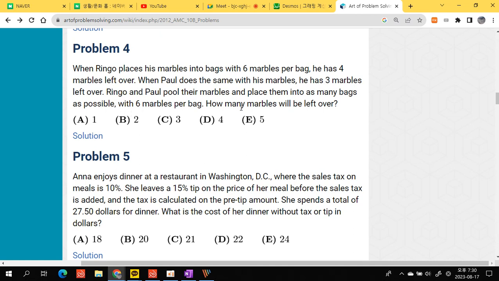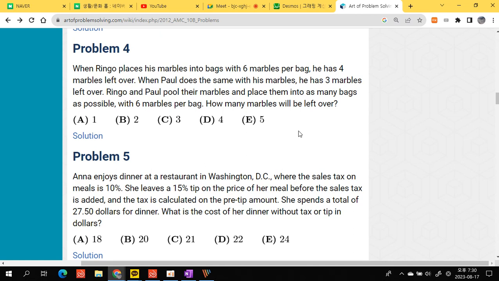So you can only think of the remainder because it's leftover. After adding 4 and 3, what will be the remainder when it's divided by 6? Here 4 plus 3 is 7. So using these 7 marbles, 6 marbles go into one bag.